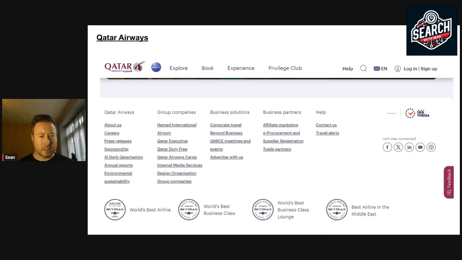The next one is Qatar Airways. Again, a very important industry where trust is needed. And here there are a couple of things that stood out to me. One is obviously the accreditations they have at the bottom, saying all the awards they've won for world's best airline. So that gives you a sense of trust that they are award winning, and you're more likely to go with them.